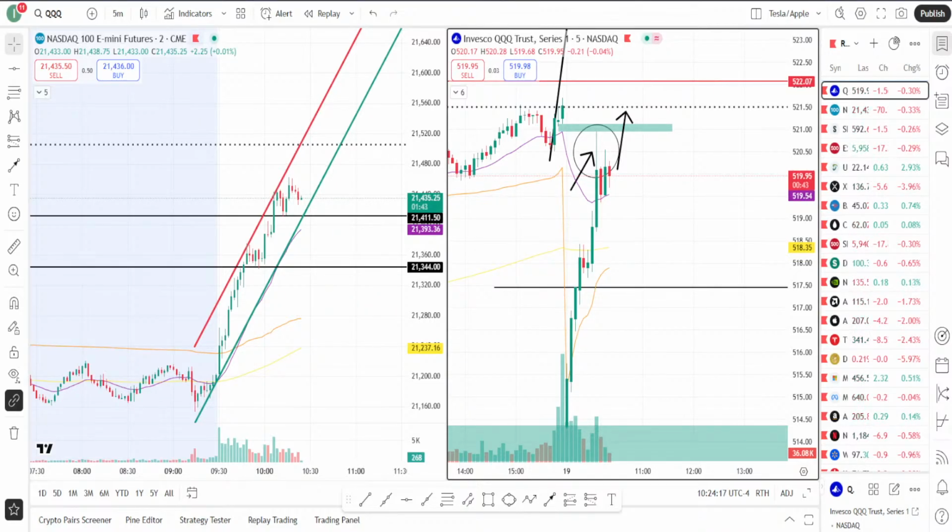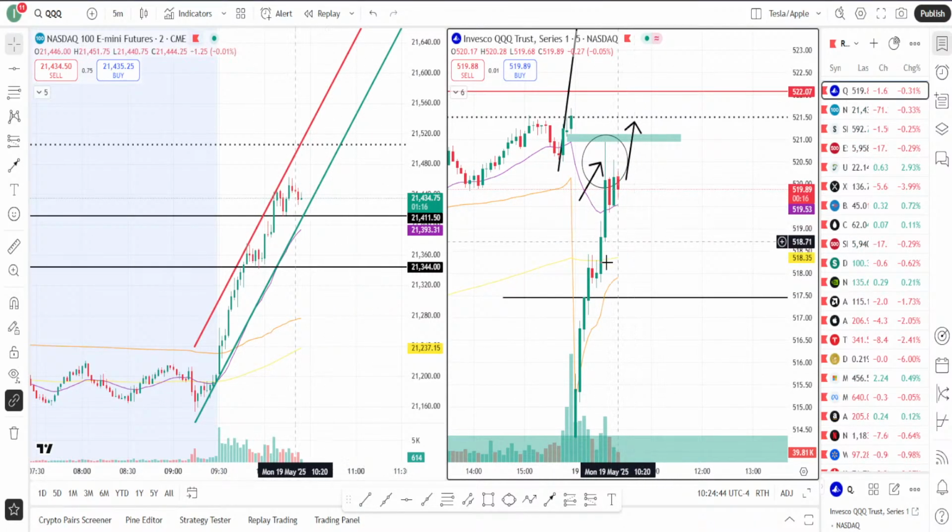Okay, market's getting weaker now. We're starting to see a little bit more selling. It's still holding up though, so it's still holding up there. We're above the 21 EMA on the QQQs. Right, we found support here at the 21 actually previously.